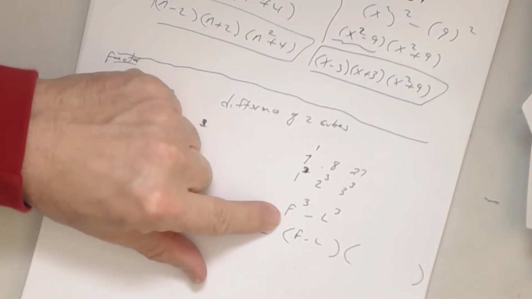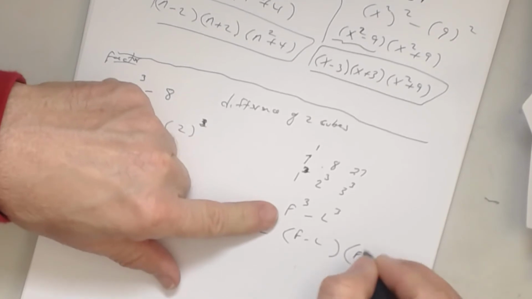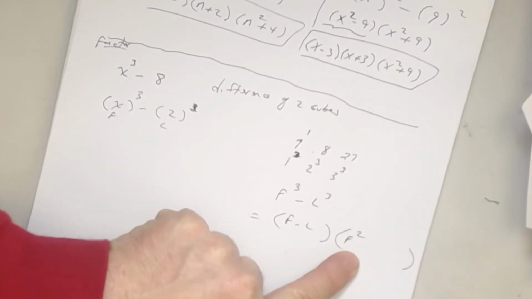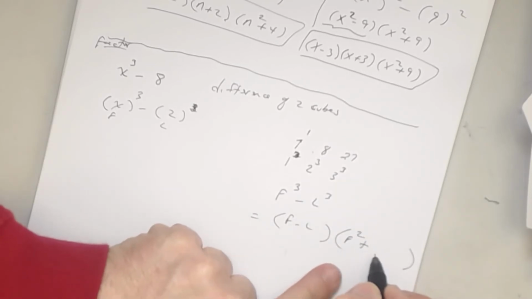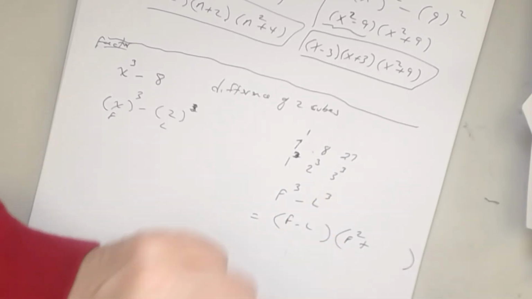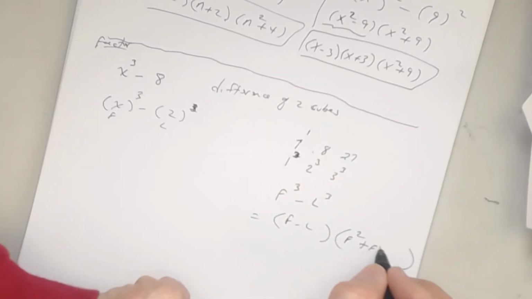The trinomial is this. Whatever F is, you're going to square it. Plus, so there'll be an addition, plus. Then you're going to take the F and the L and you're going to multiply together. Plus, and then you're going to take the L and you're going to square it.